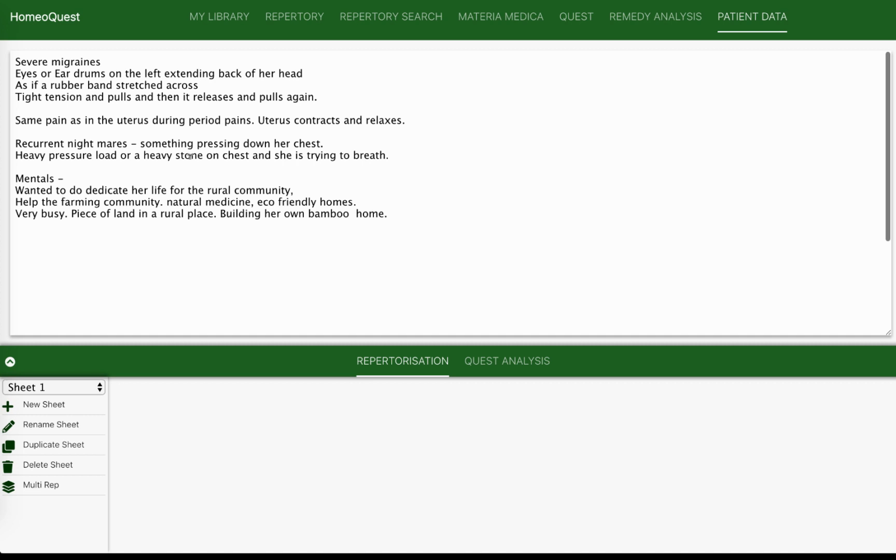But one thing she was talking about, which made a lot of sense, is this whole aspect of contracting and relaxing. She started gripping her fist and relaxing her hand, and gripping her fist. And this, from my understanding of Materia Medica, was like the sensation of the cactus remedy.